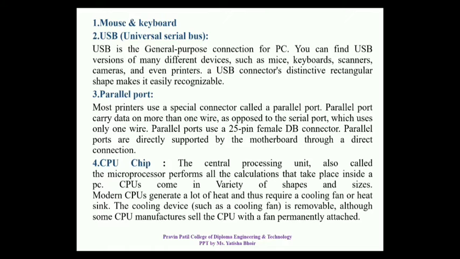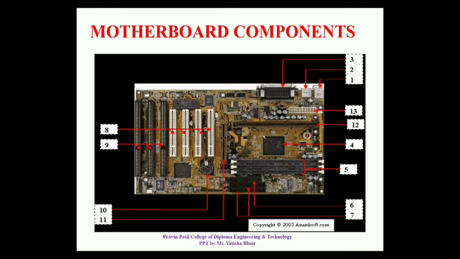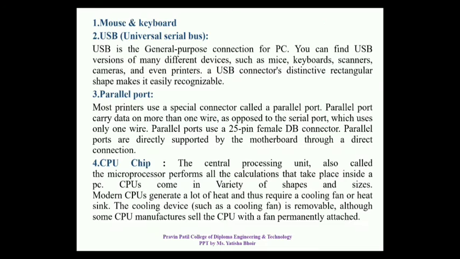Now the third is the parallel port. You can see in the image the third arrow indicates the parallel port. Most printers use a special connector called the parallel port, so the parallel port is used to connect the printer. There are two types of ports, serial port and parallel port.